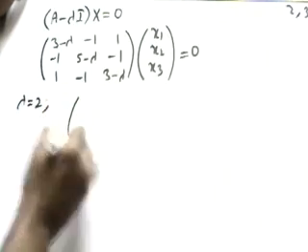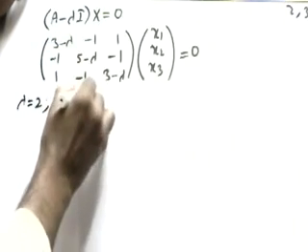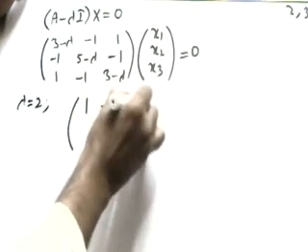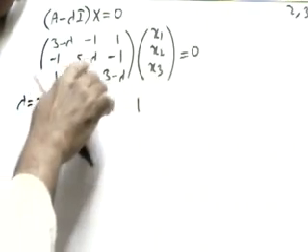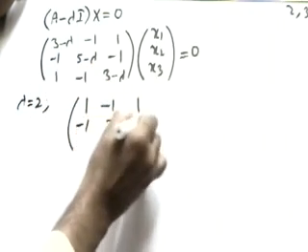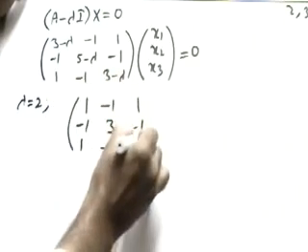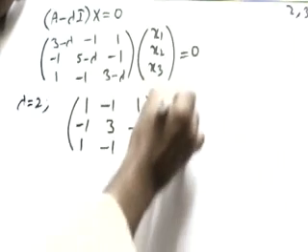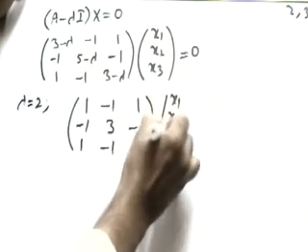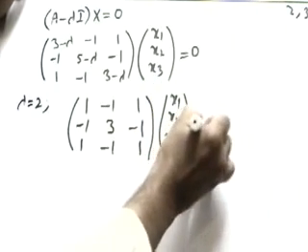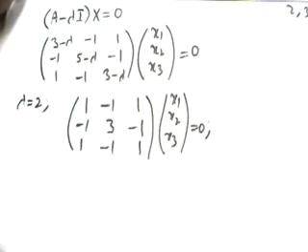Let me substitute. First if we keep lambda equals to 2, this will be 3 minus 2, minus 1, 1, then minus 1, 5 minus 2 will be 3, minus 1, 1, minus 1, 3 minus 2 will be 1, into x1 x2 x3 equals to 0.